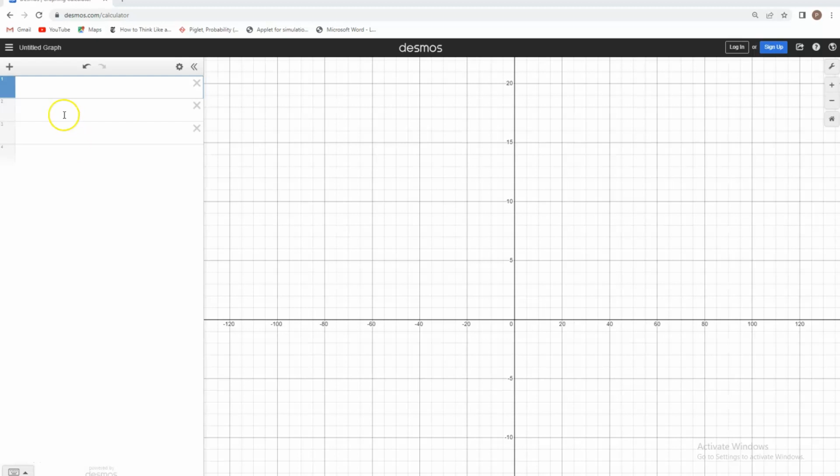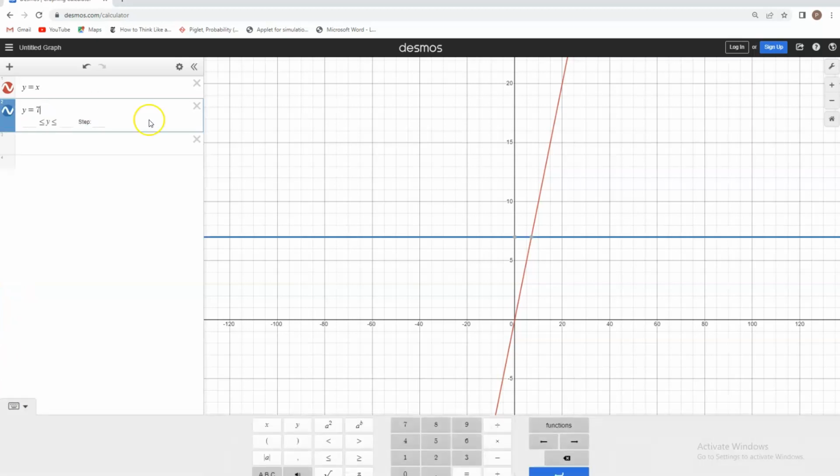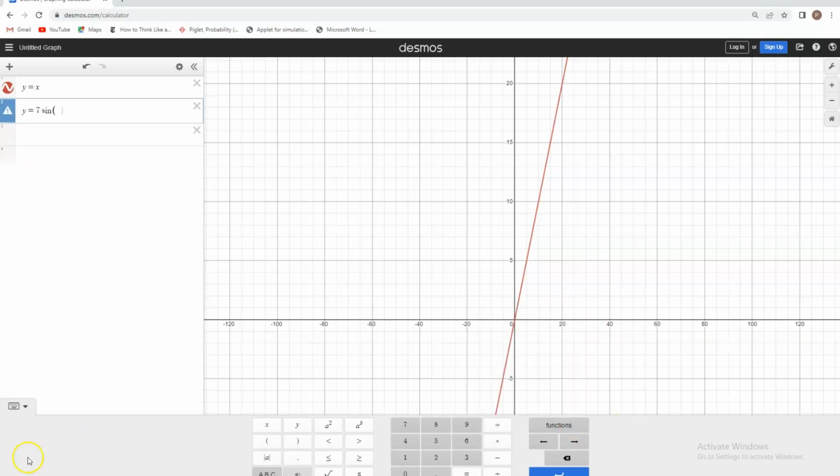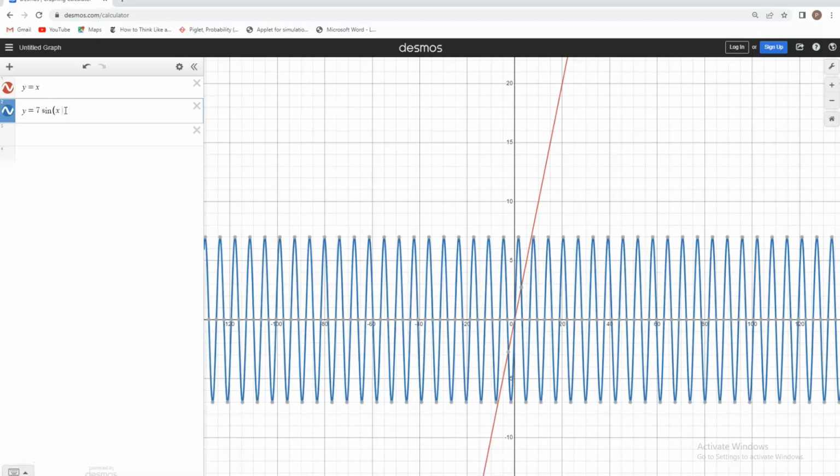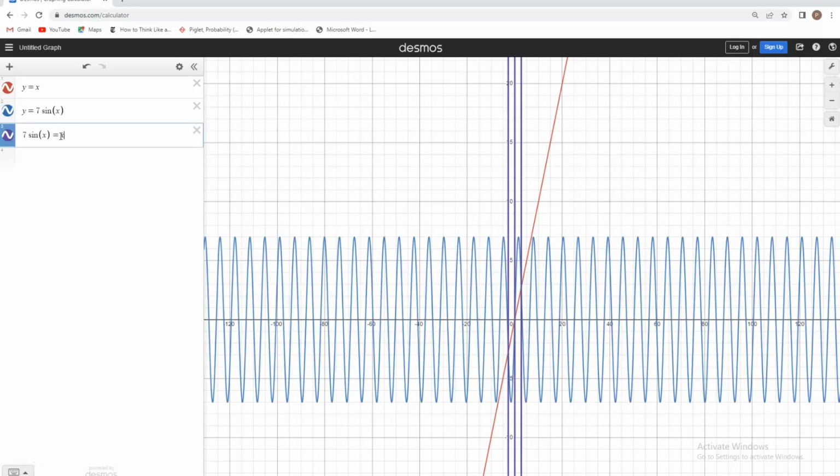Now here I'm using a graphing calculator. So we have x, and we have y equal to 7 sine x, and what was given was 7 sine x equal to x.